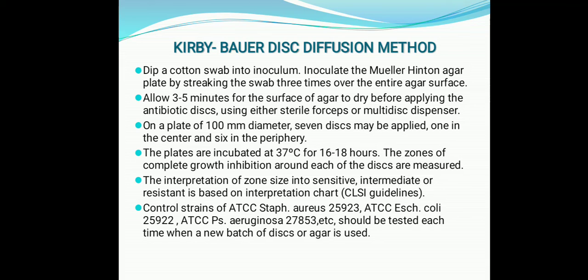Then after we have placed all the required discs on the plate, we will incubate the plates at 37 degrees Celsius for 16 to 18 hours. Then the zone of complete growth inhibition around each of the discs is measured. The interpretation of zone size into sensitive, intermediate or resistant is based on the chart. We have the interpretation chart given by CLSI guidelines.